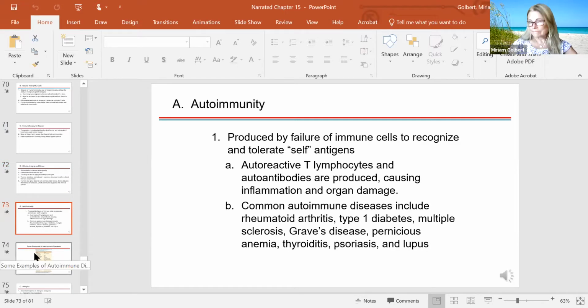Autoimmunity is a rare condition. And still to this day, we don't know why it happens, but all of a sudden your immune system is now recognizing your own self-antigens. So for example, like the blood types or the other number of different self-antigens that I mentioned we have that makes you unique, right?